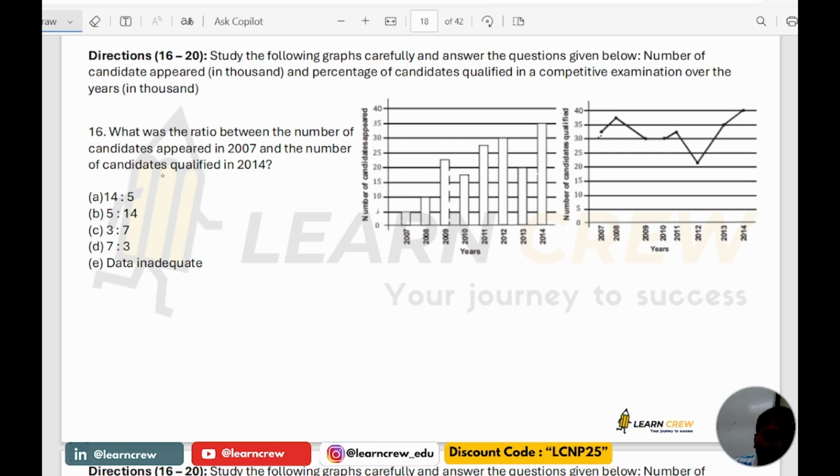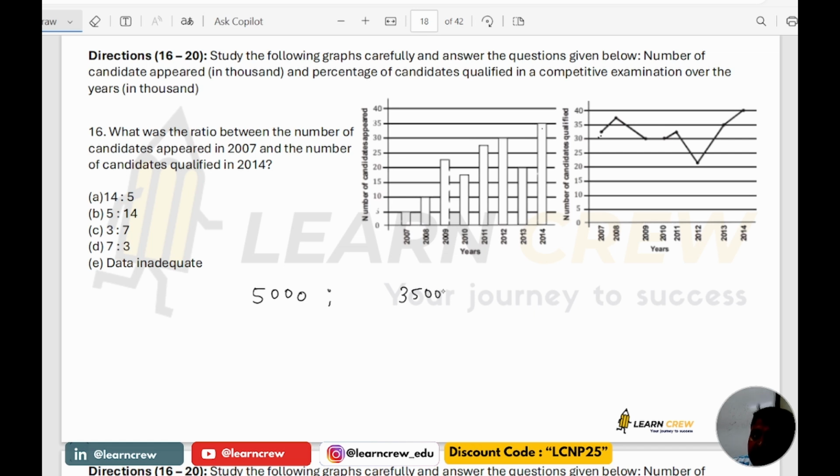Now see here, question number 16. What is the ratio between the number of candidates appeared in 2007 to the number of candidates qualified in 2014? Candidates appeared in 2007 is 5,000. In 2014, the total number of people appeared is 35,000.